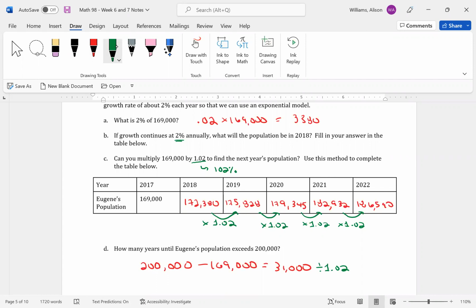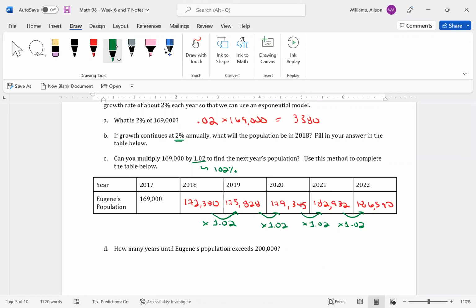I'm getting, did I do that right? Doesn't seem like it because I'm getting 30,392. Yeah, that doesn't make sense. So I don't think that method's going to work. I was hoping to find a shortcut, but I don't think I'll be able to. That's okay.